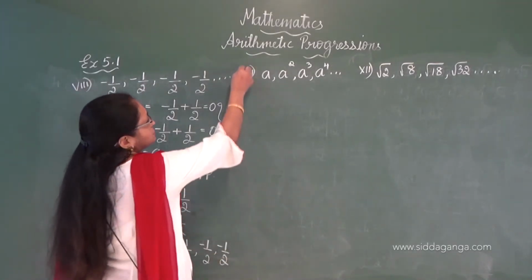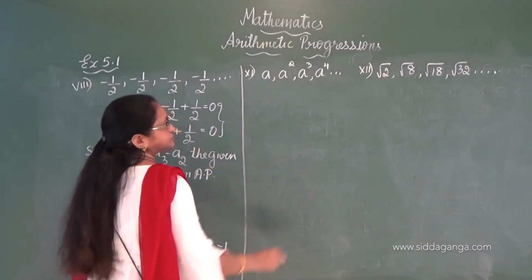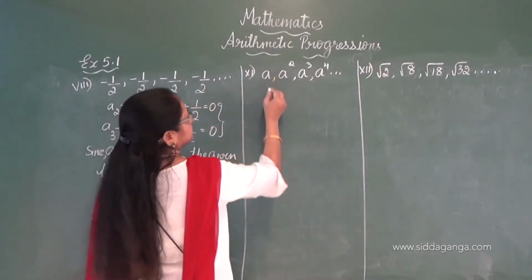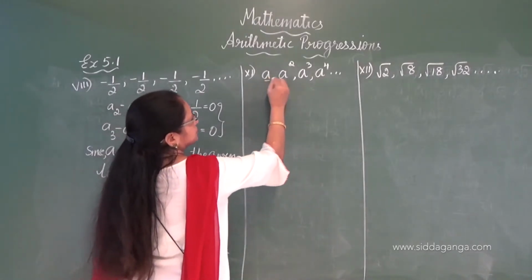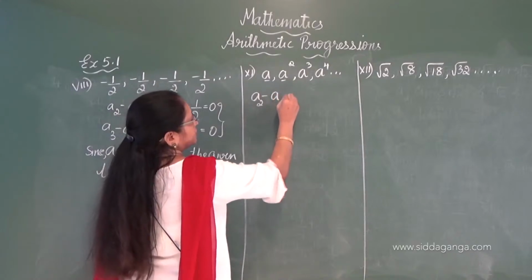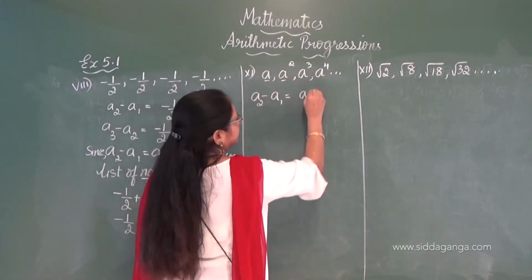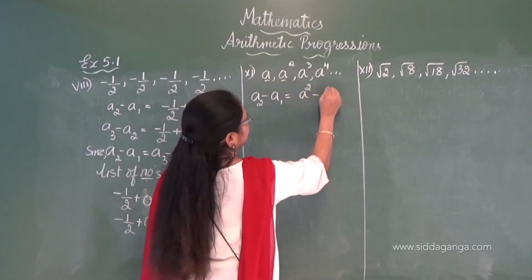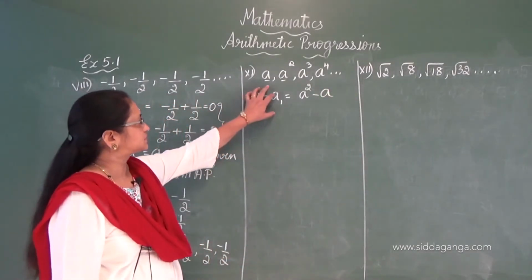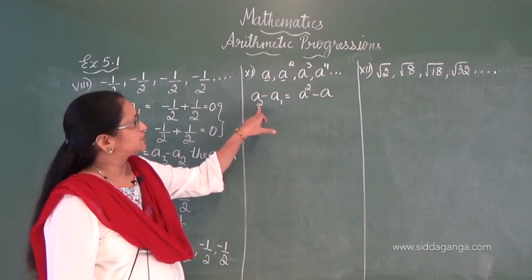Next, we shall do this sum. Now here, just observe carefully. A2 minus A1. A2 is what? A square minus A. Don't get confused, these are the terms I have written.